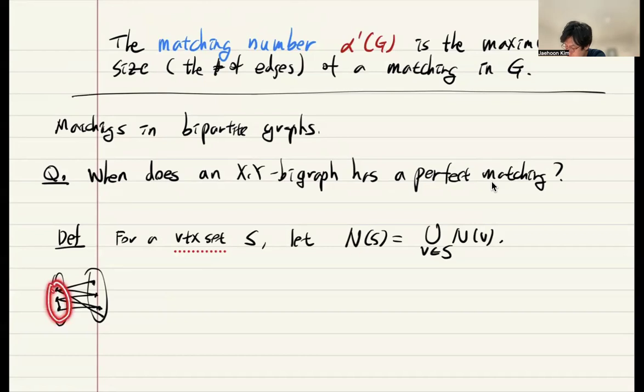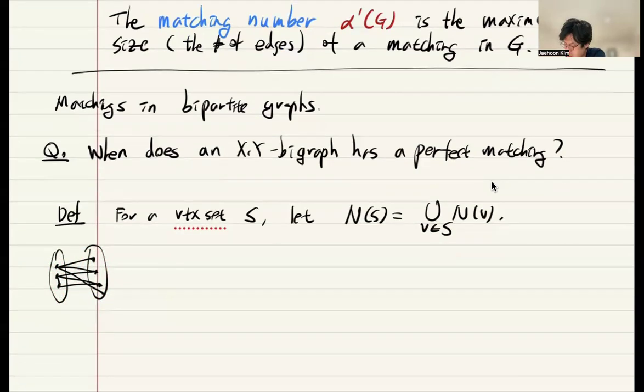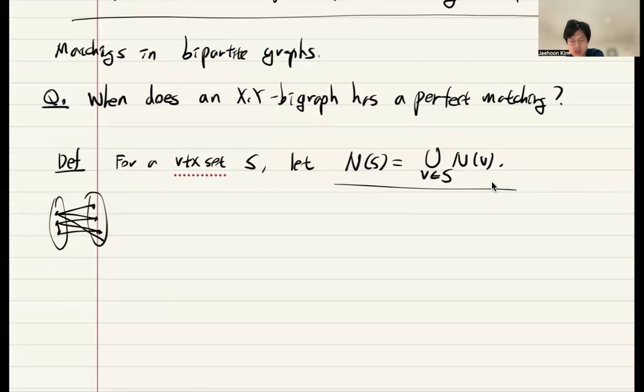Then if you take this, then you take the union of neighbors. Then the first vertex this, second vertex this, third vertex this. So this N of S is everything but this one vertex. So that was just one example. Anyway, so this definition is clear.